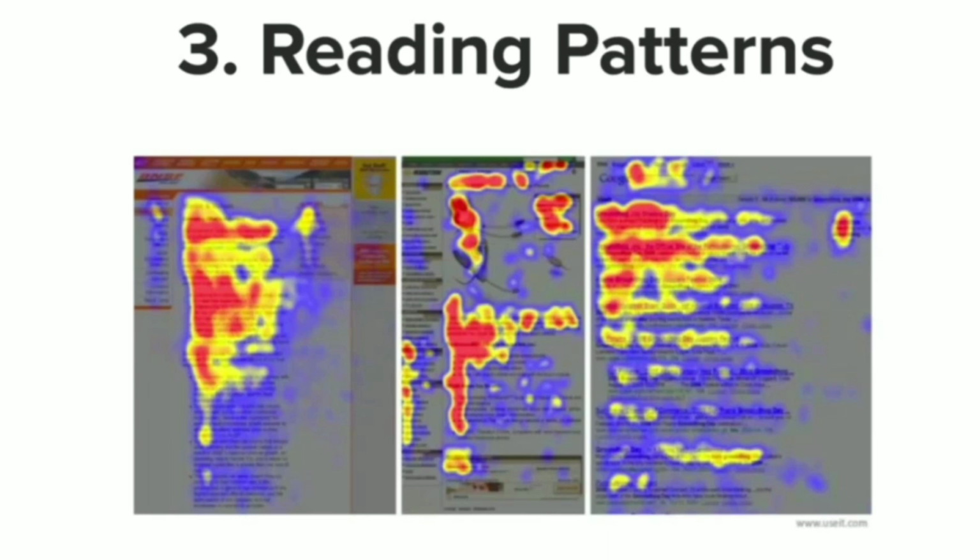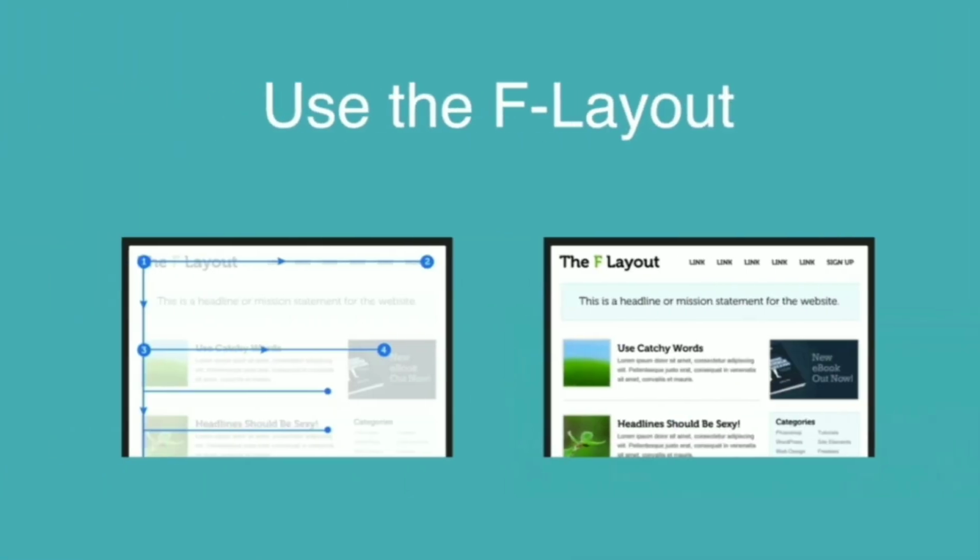So you often have things like bullet points, pictures, icons, and buttons all on the left. You can design for this by using the F layout. Put the most important parts of your content on the left gutter, have the logo at the top, and have everything follow this pattern.